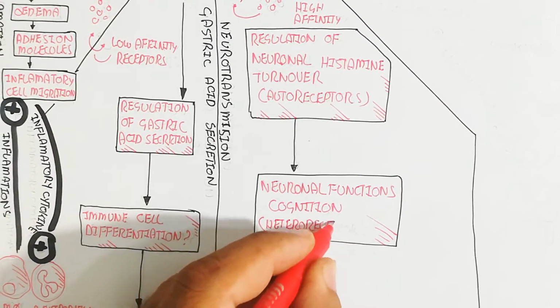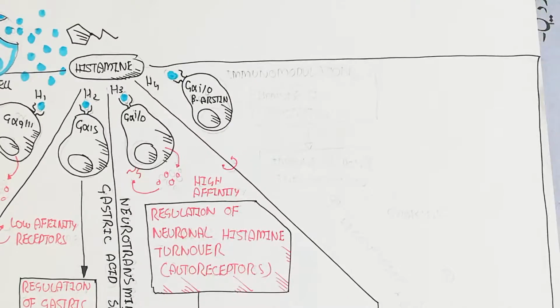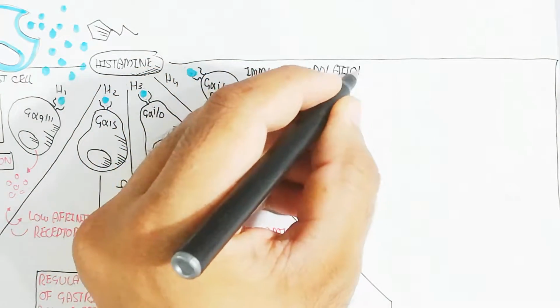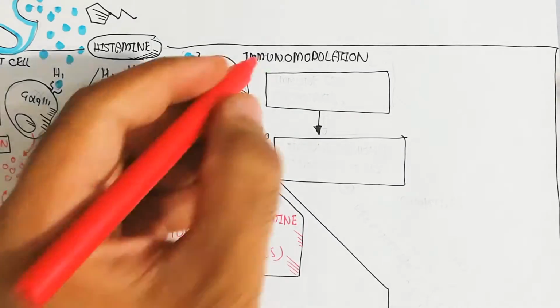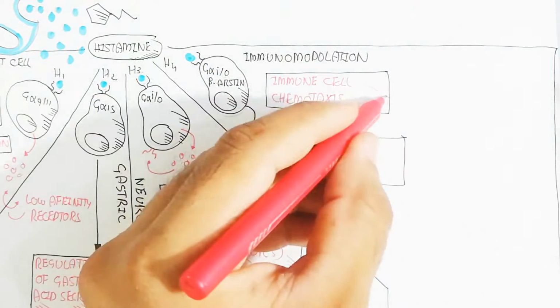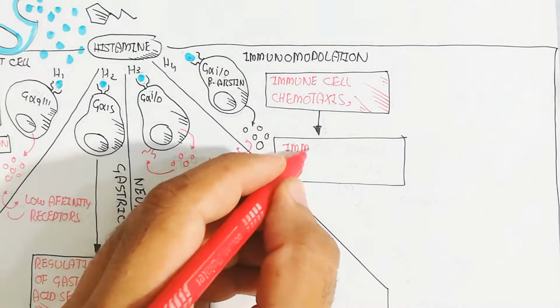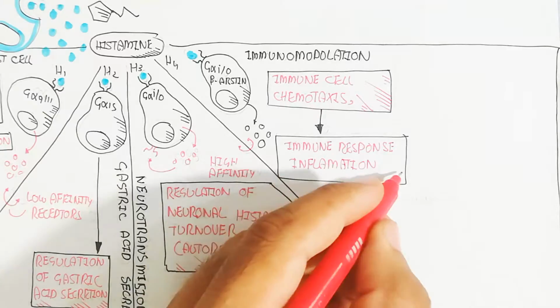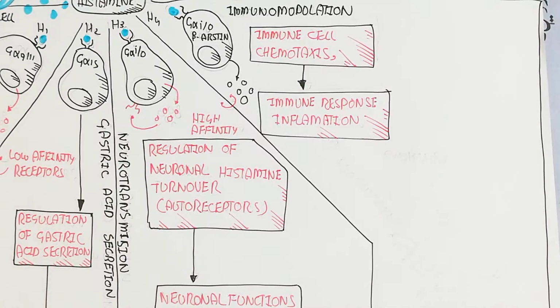The nerve impulse occurs because it binds with the neurons. On the other hand, histamine 4 also has high affinity and will bind with G alpha I and O, the G protein coupled receptor, as well as beta arrestin. In this way immune cell chemotaxis will occur.